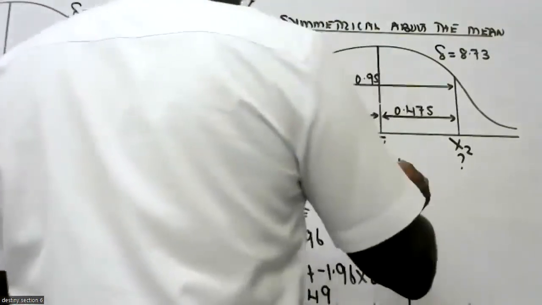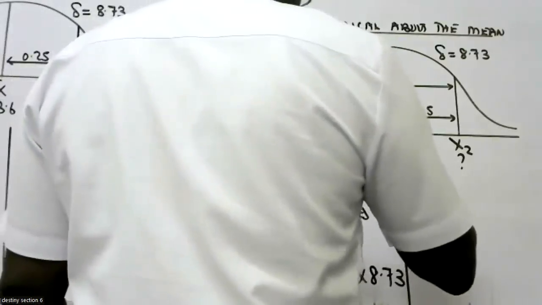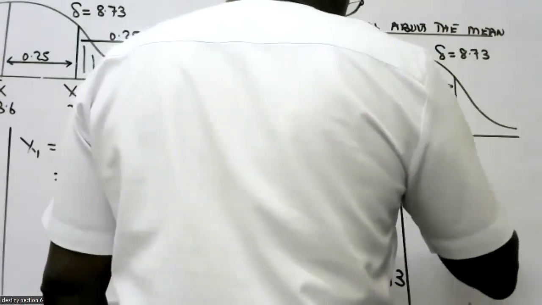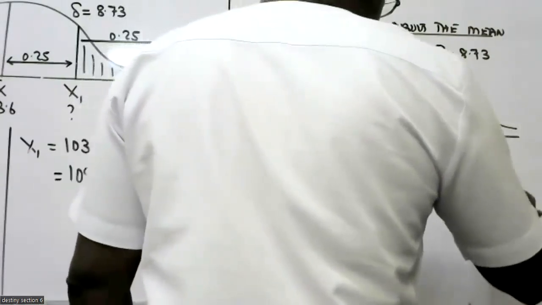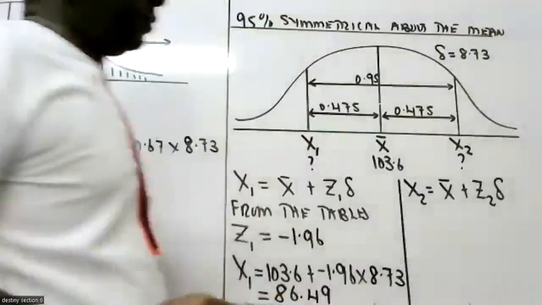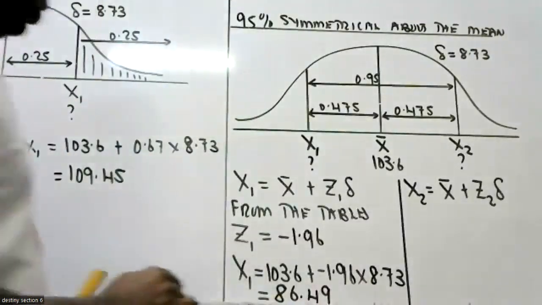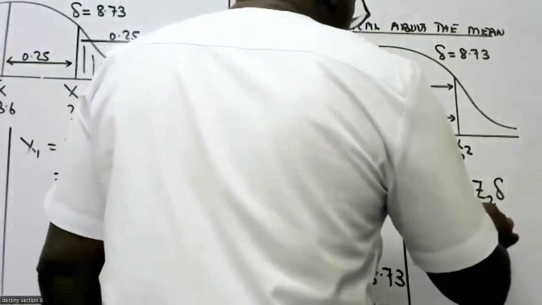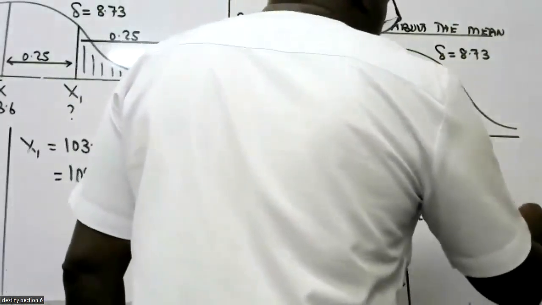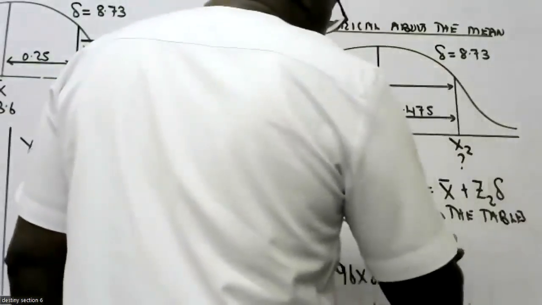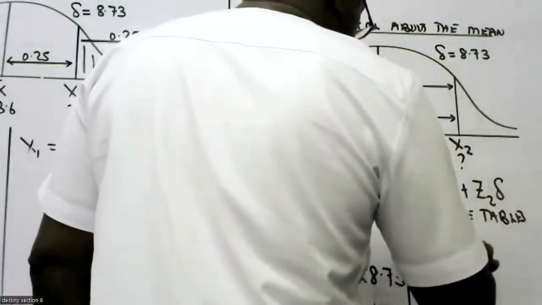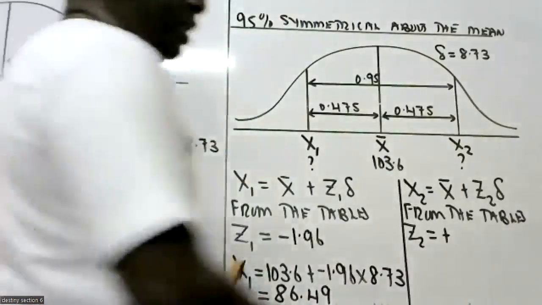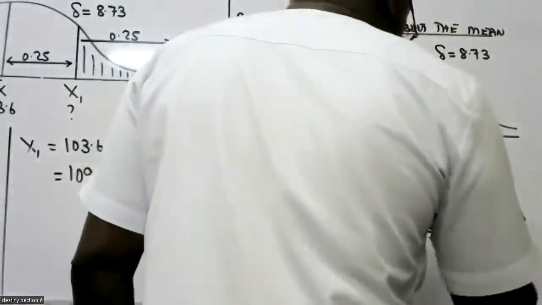From there, we proceed and argue that X2 will be equal to X bar plus Z2 standard deviation. So from the tables, Z2, now Z2 will be positive. And because they are the same, it will still be 1.96.